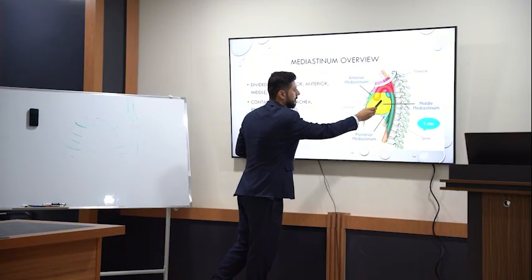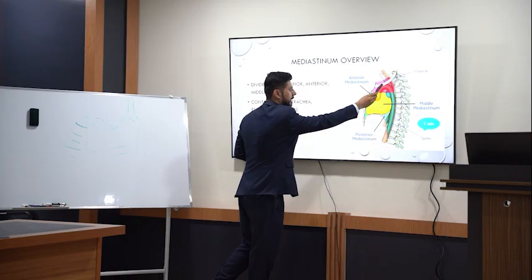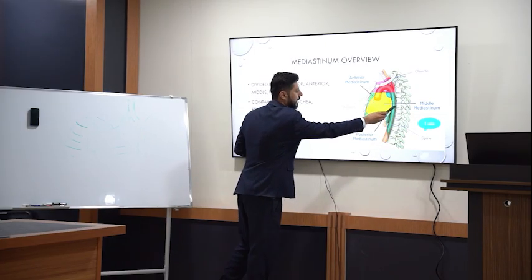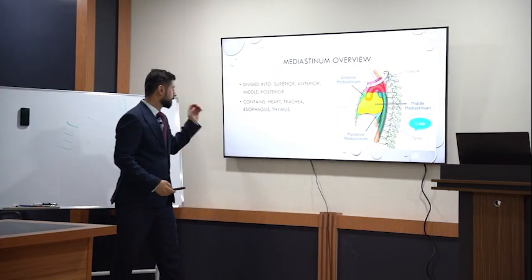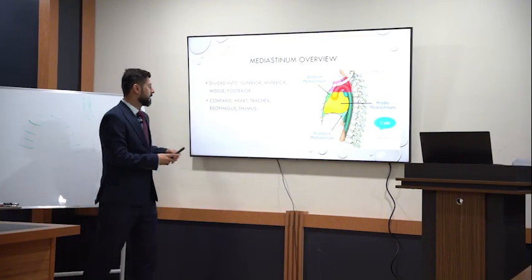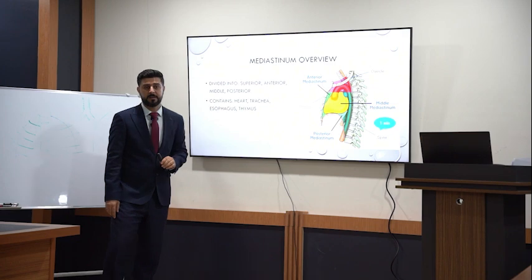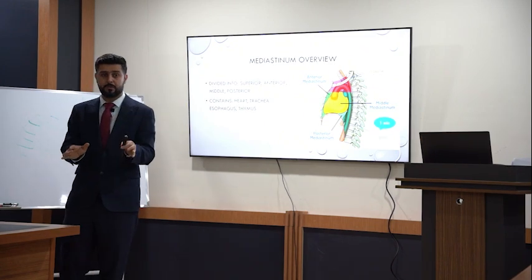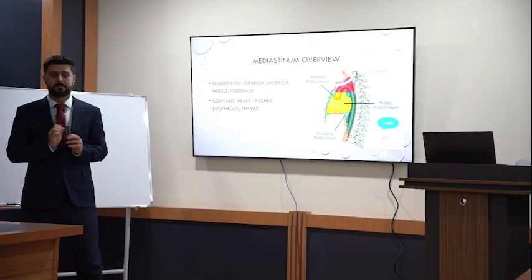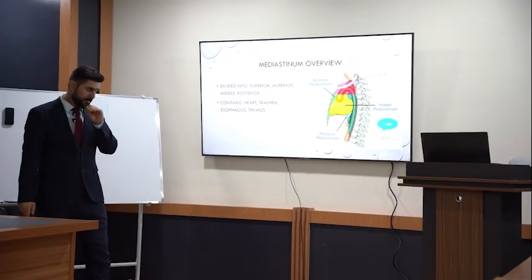Anterior mediastinum, middle and posterior. Upper, anterior, middle and posterior. So, it contains the heart, the trachea, esophagus and thymus gland. All these are components of the mediastinum.